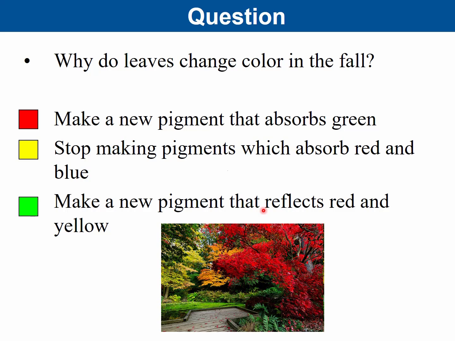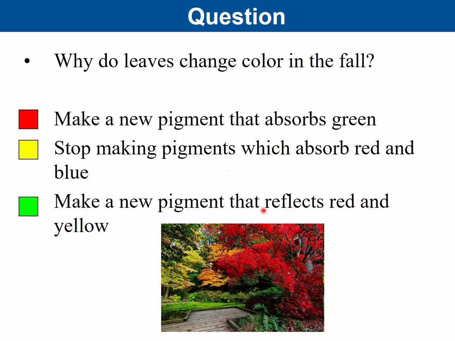If a plant is going into fall and into winter in regions that can get very cold, in those places the plants may not have access to much sunlight during the winter.